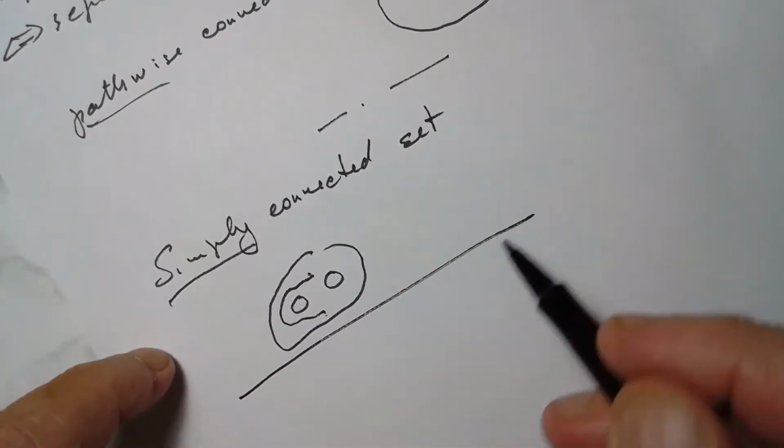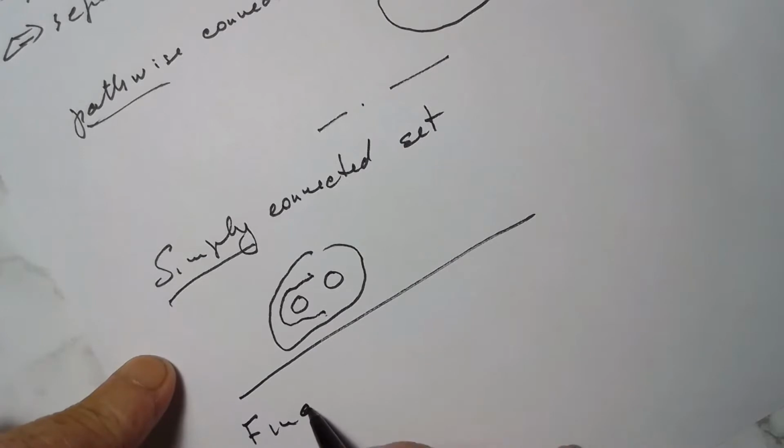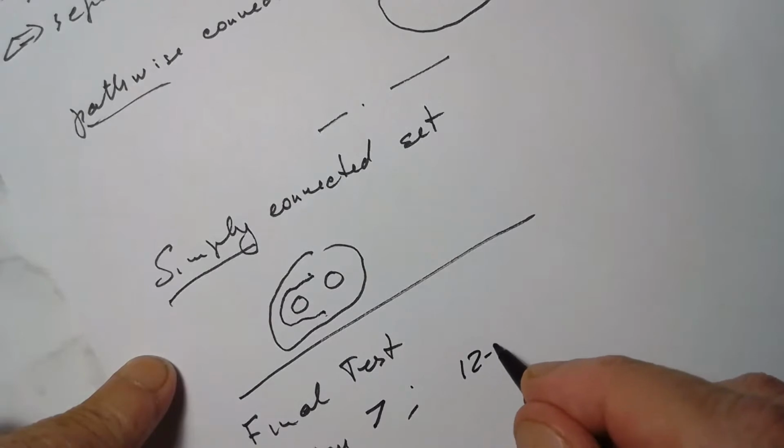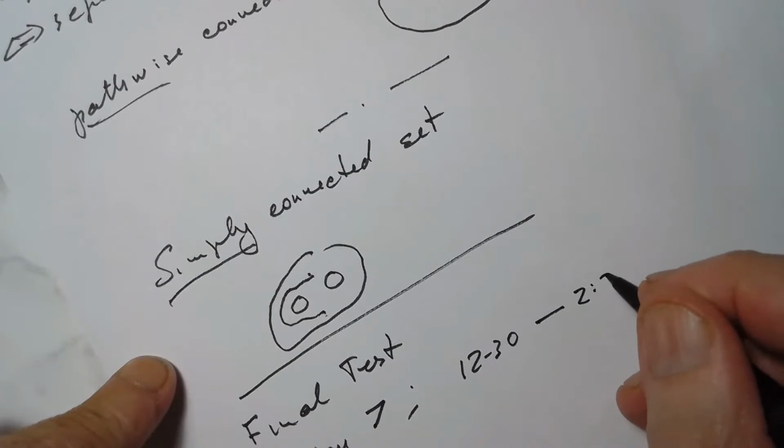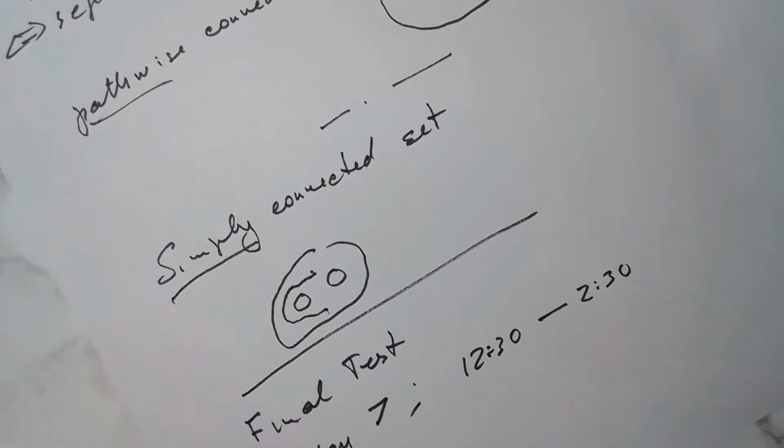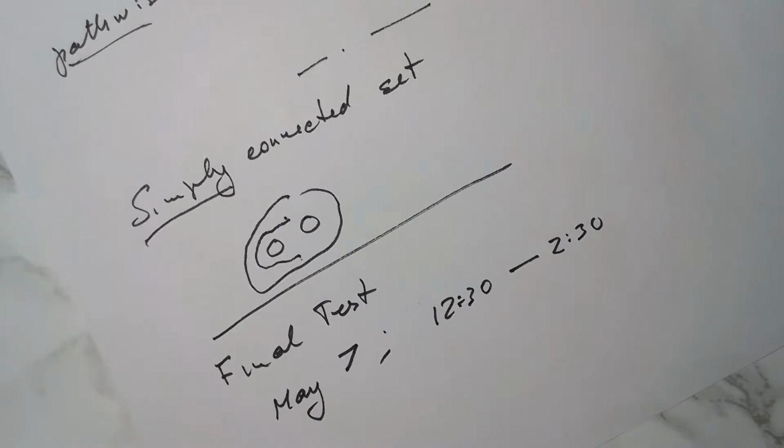I want you to know that the final test is scheduled by the university, not by me, on May 7th from 12:30 to 2:30. So you have plenty of time to prepare and plenty of time to ask questions. I will try to answer them in the written form that I did before for a few of you. I apologize if it's not the best possible way to answer the question, but it's the best I can do.